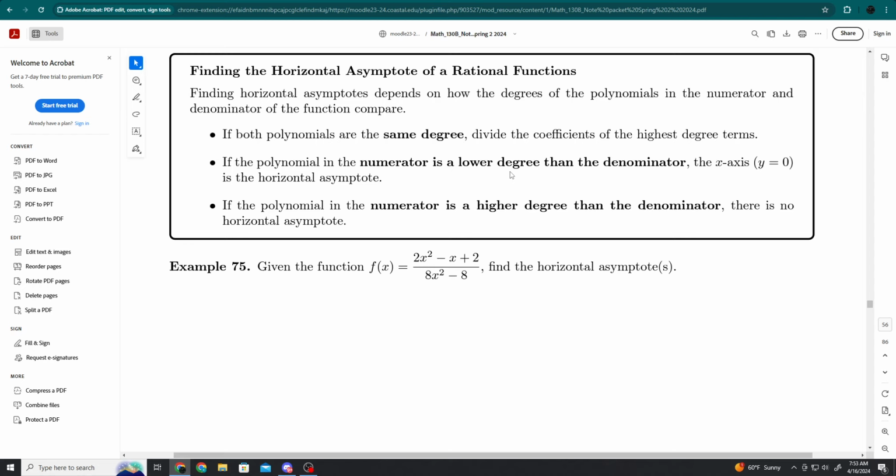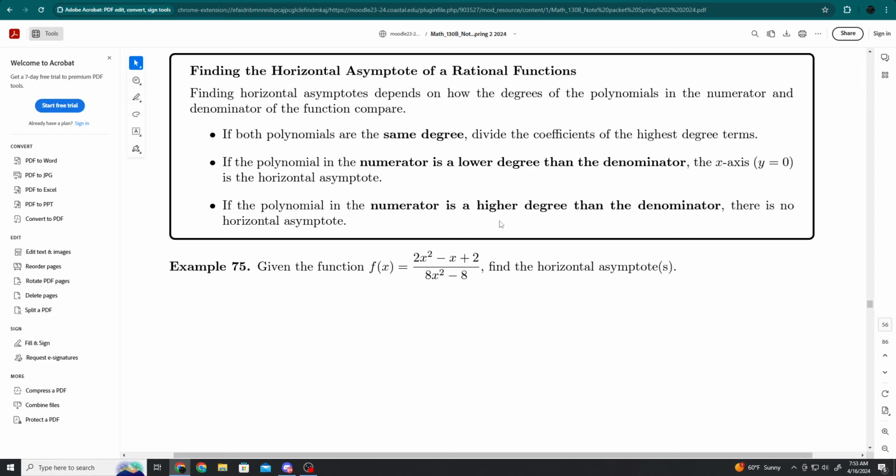So the degree or the exponent in the numerator is smaller than what's on the bottom. If the denominator has the larger degree, your answer is just 0. That's even easier. No math required, it's just 0. So if they're the same, you divide coefficients. If the bottom's larger, it's 0.